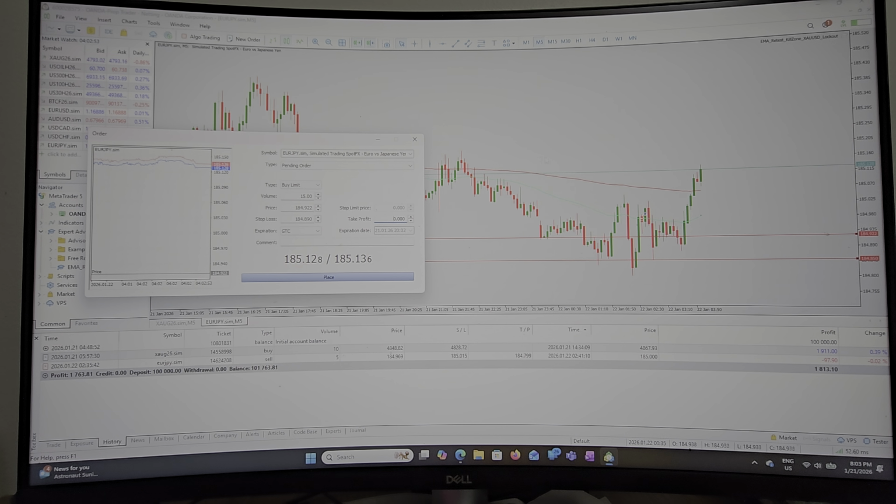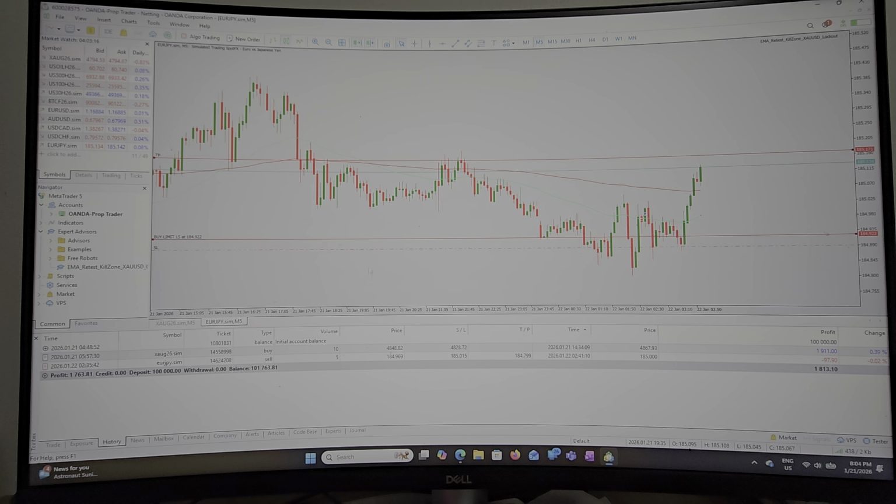And our take profit to be somewhere here where sellers are at, which is 185,171. And then we can enter the trade. There we go.